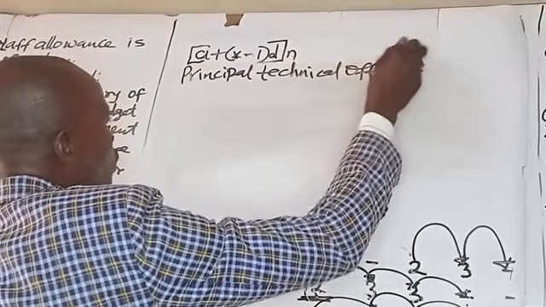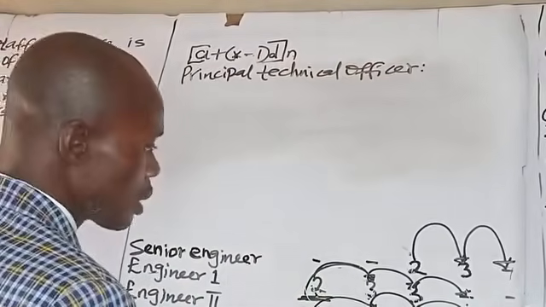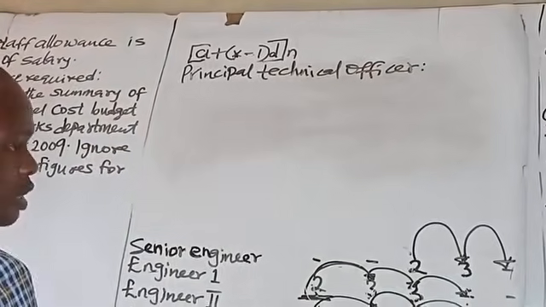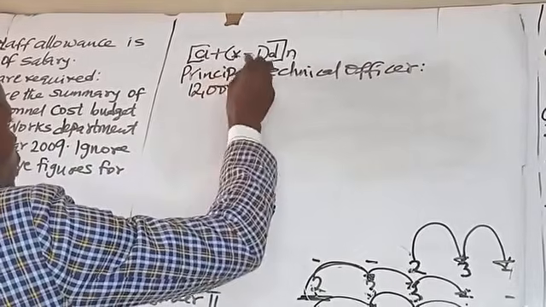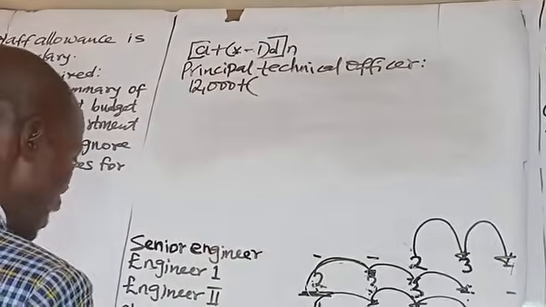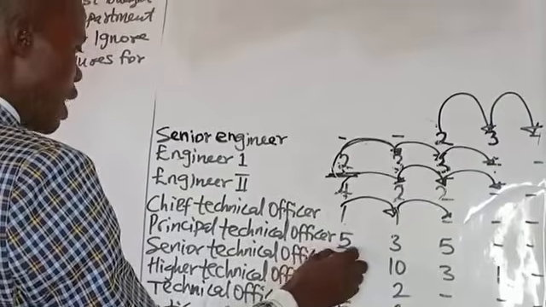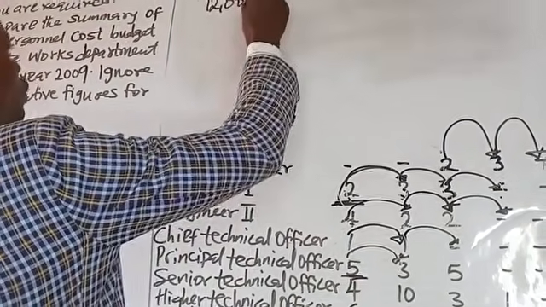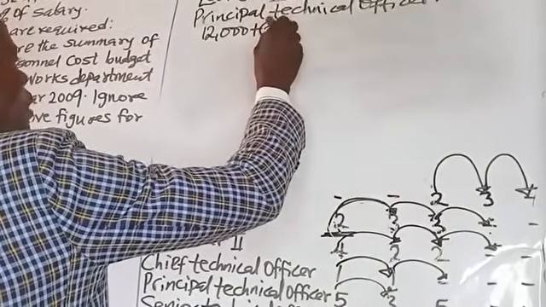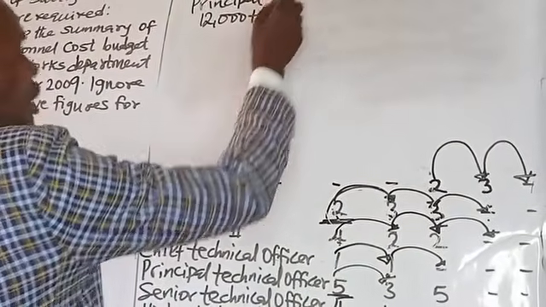Principal Technical Officer. Their basic pay is 12,000 plus. Now, for Principal Technical Officer, 5 were in step 1 before, who will now move to step 2. So, step 2, 2 minus 1 into increment.